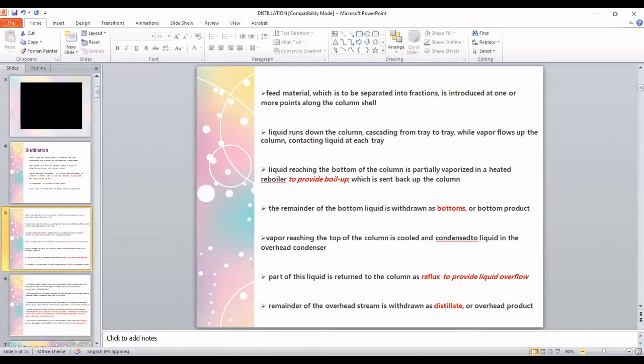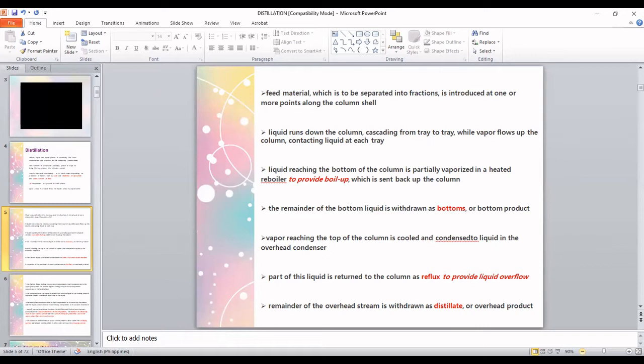But the primary purpose of the reflux liquid is to increase the purity of the final product, which is the distillate. It's not always specified in the discussion when you read books, but when you read in detail, especially in McCabe, you'll be able to read that the purpose of this reflux liquid is to increase the purity of the distillate.